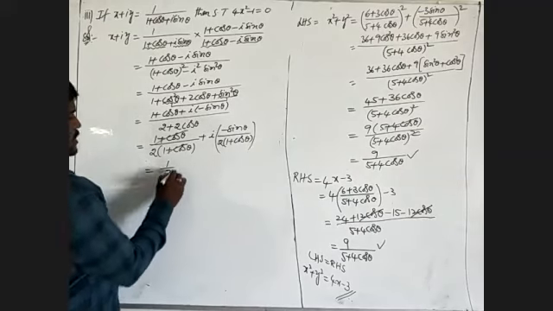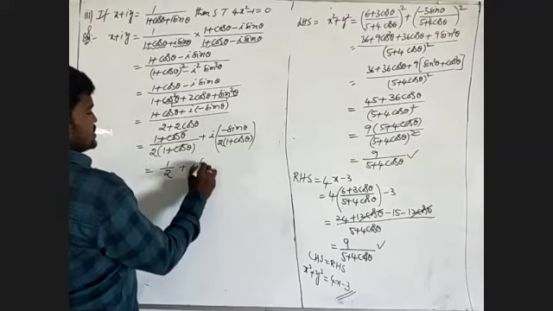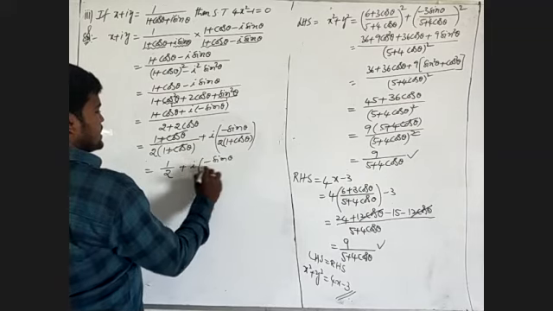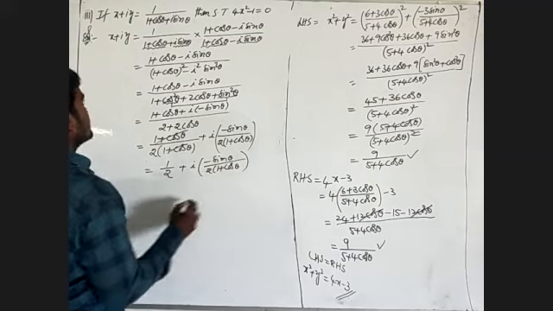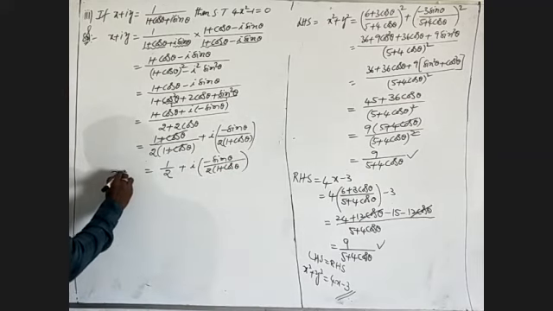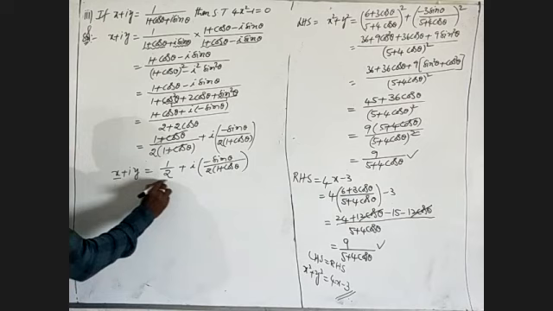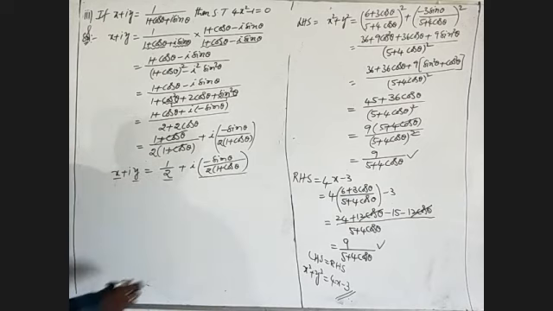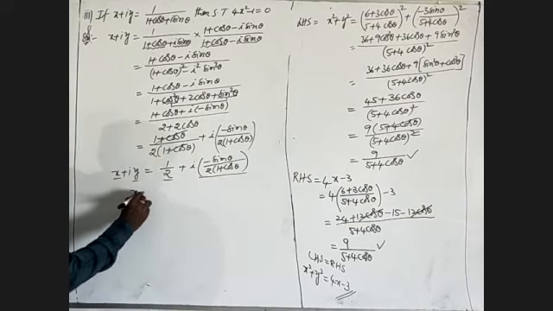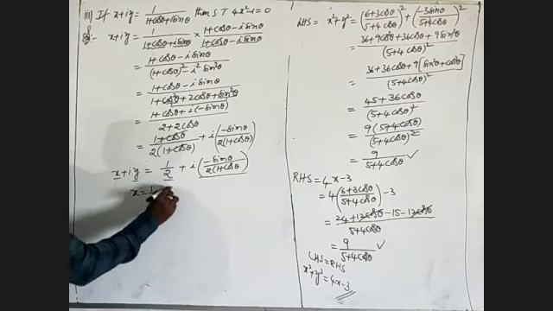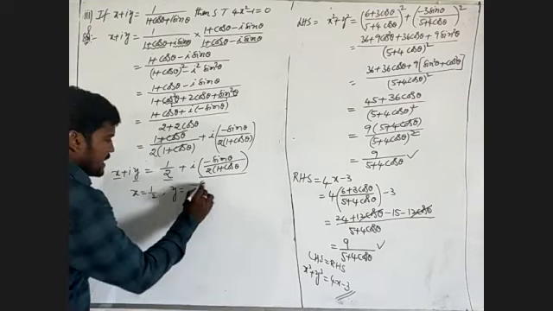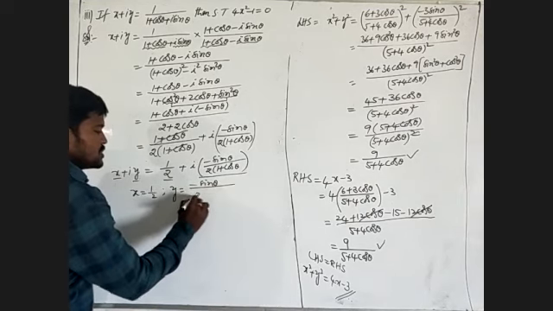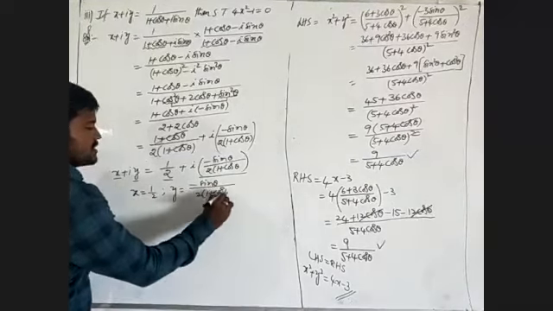Remaining is 1 by 2 plus i into minus sin theta by 2 into 1 plus cos theta. Comparing the real and imaginary parts, the real part gives x is equal to 1 by 2, and the imaginary part gives minus sin theta by 2 into 1 plus cos theta.